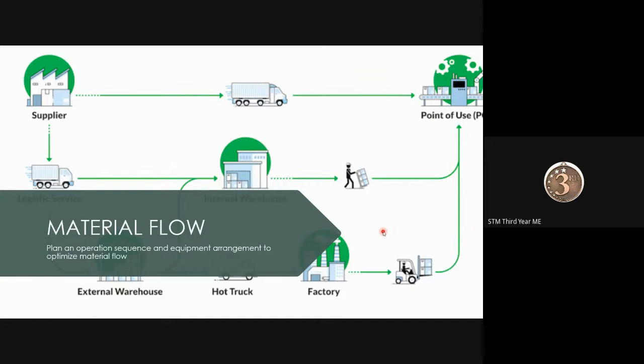If you don't want that to happen, you can plan ahead and find out the optimum material required for the flow to continue smoothly. So these are about material flow.